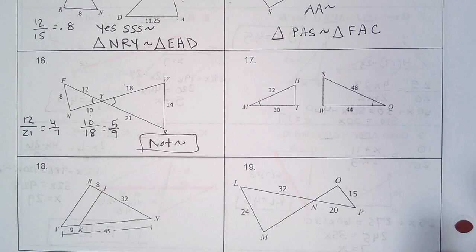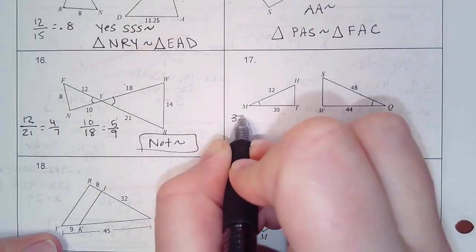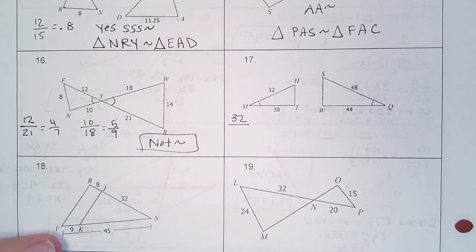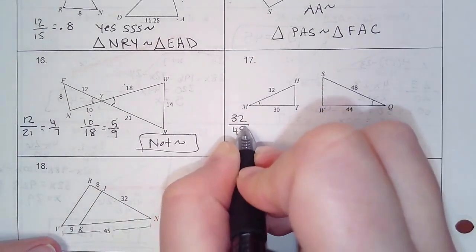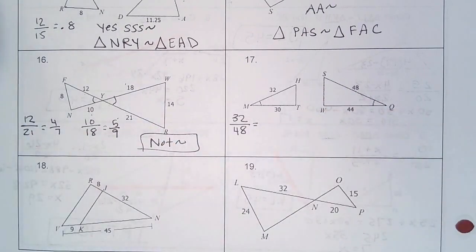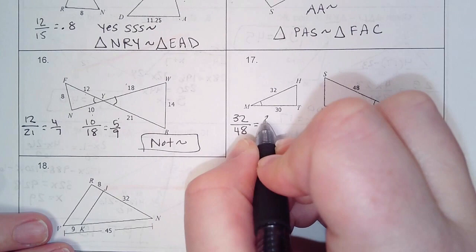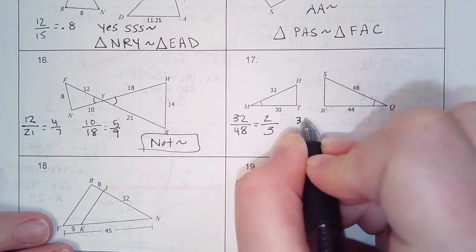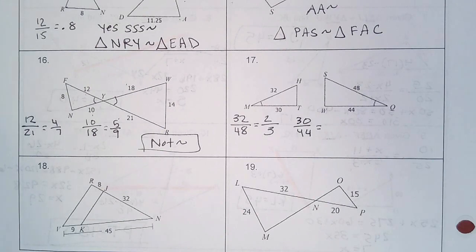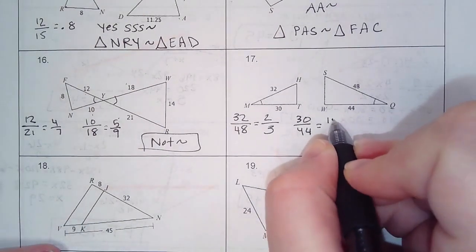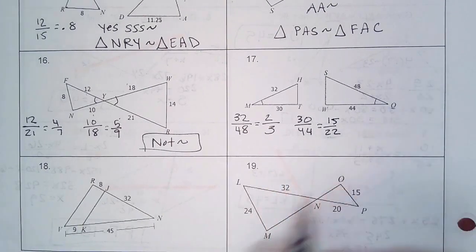17. All right, tackling side, angle, side again. So let's do 32. Excuse me, 32 is the longer side, so over 48. That's going to reduce to 2/3. And 30 over 44. That's going to reduce to 15 over 22.